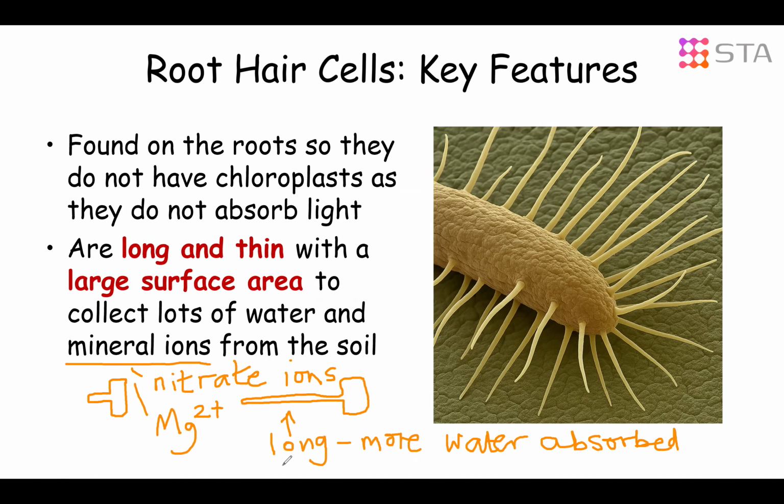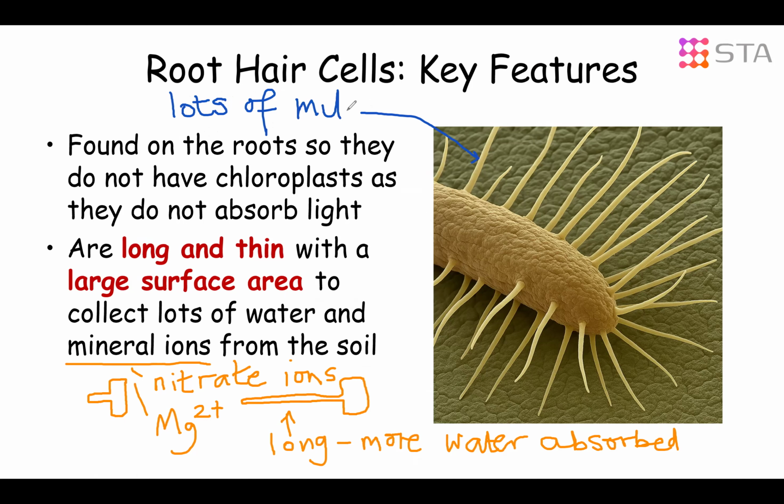One other feature that you will meet later on is that root hair cells contain lots of mitochondria. Inside them, there are lots of mitochondria because to do their job of absorbing mineral ions, they need lots of energy.